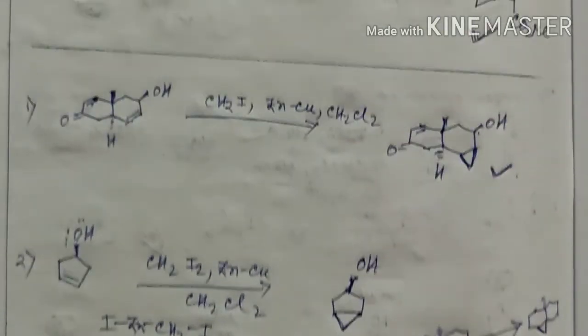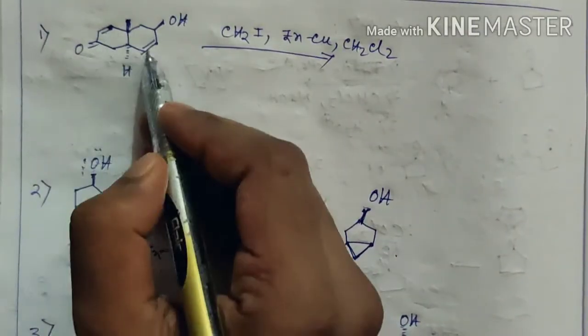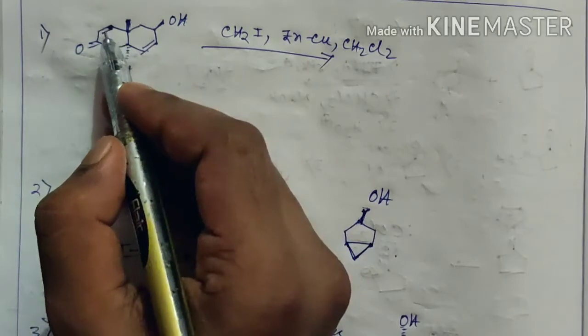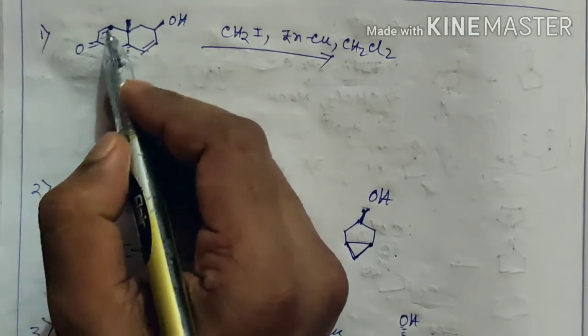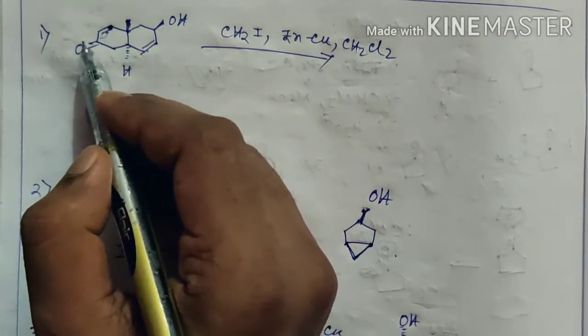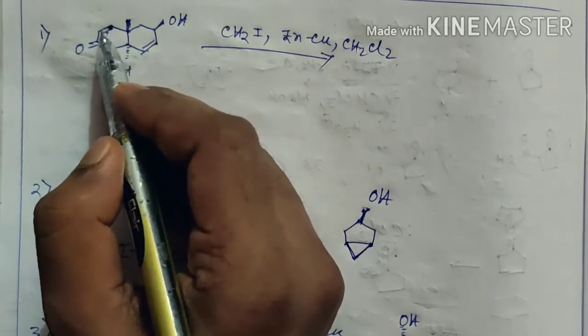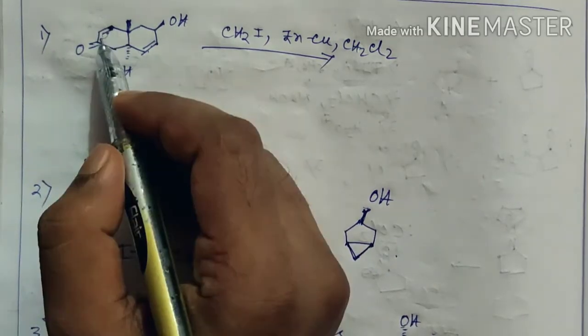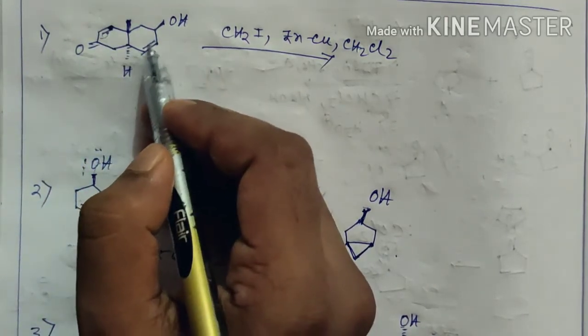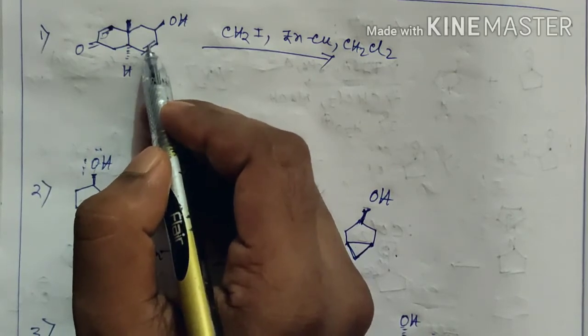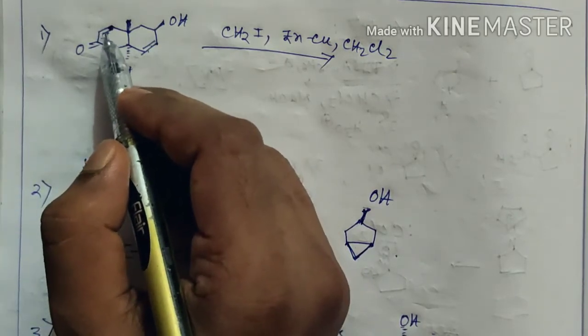Now here we can see that there are two different types of double bond. This double bond enters into resonance with this electron-withdrawing carbonyl group and becomes electron deficient. On the other hand, this double bond is more electron rich in comparison to it.